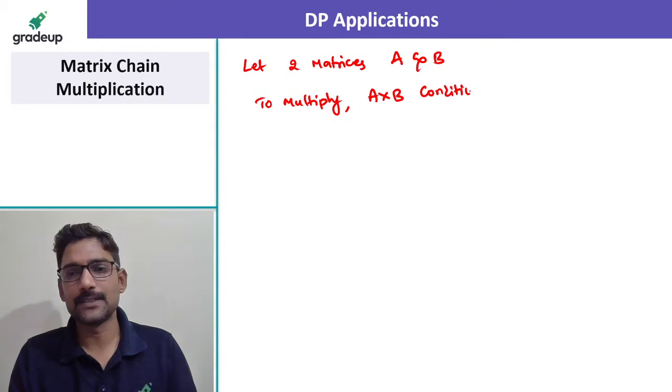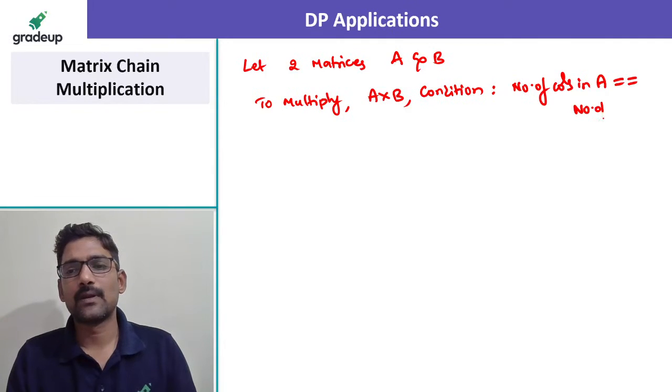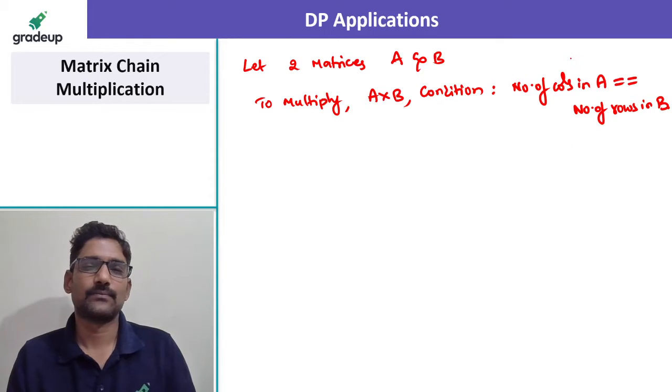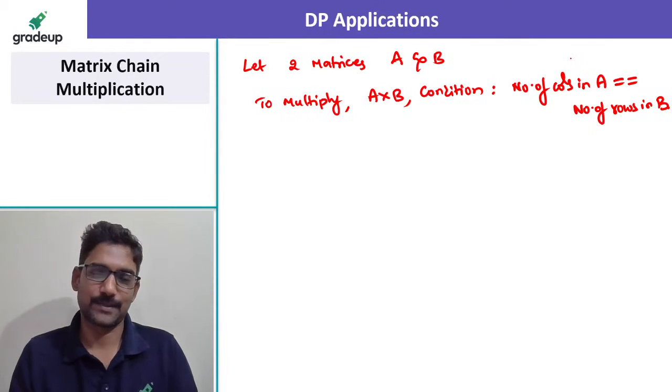The condition is number of columns in A must be equal to number of rows in B. I think everyone knows this.